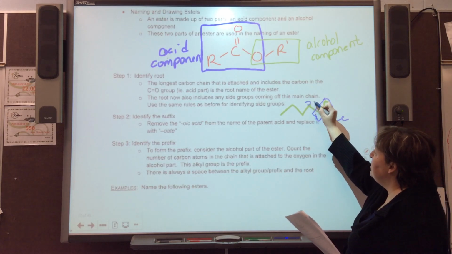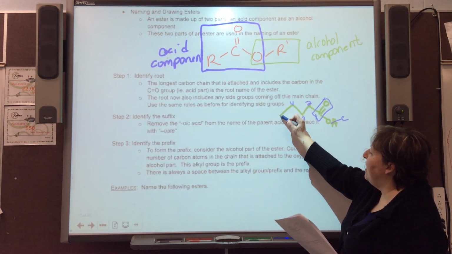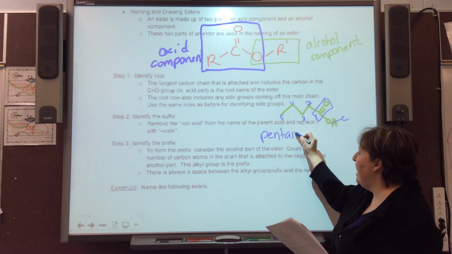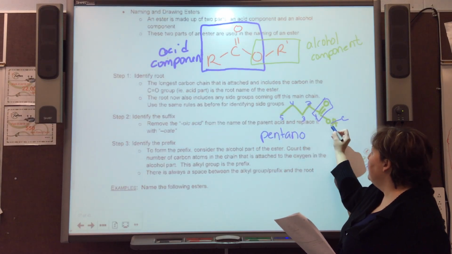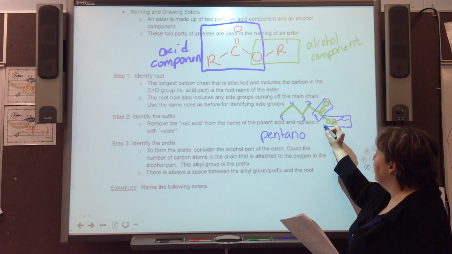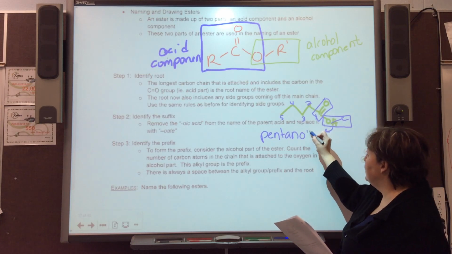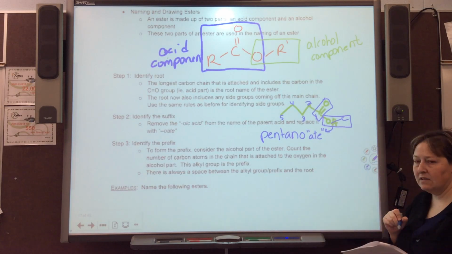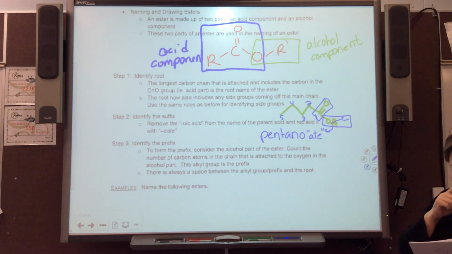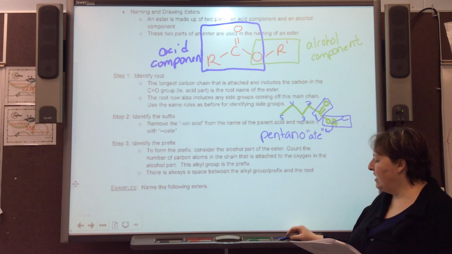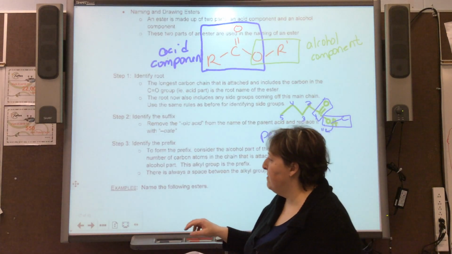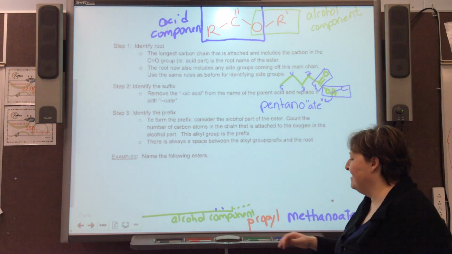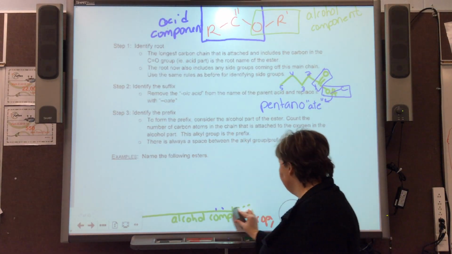So 1, 2, 3, 4, 5. So we still have the pentanoic acid part, but this part here gives it this extension. So it's pentanoate. Okay? I know it seems overwhelming, but it'll make sense. Have faith.